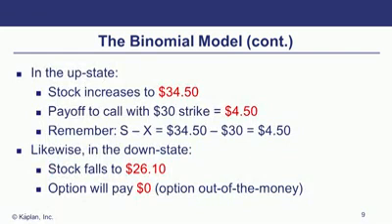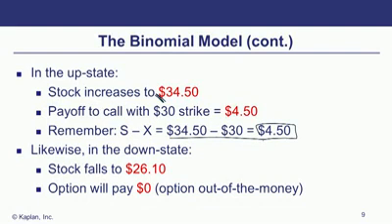Okay, so in the up state of the world, where the stock price was 34.50, the payoff will be the greater between 0 and the difference between stock price and strike. Well, of course, stock price minus strike gives me 4.50, which is greater than 0. So I'm going to keep that as my payoff in the up state of the world.